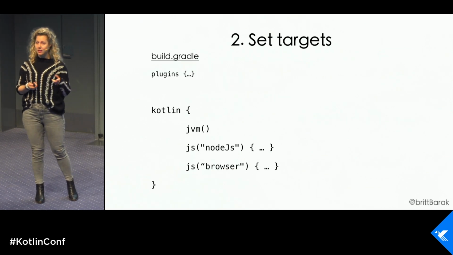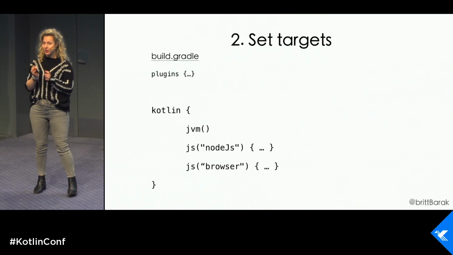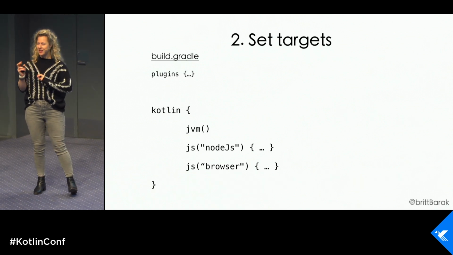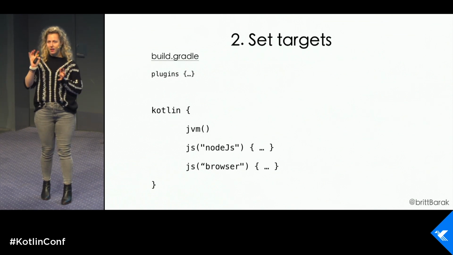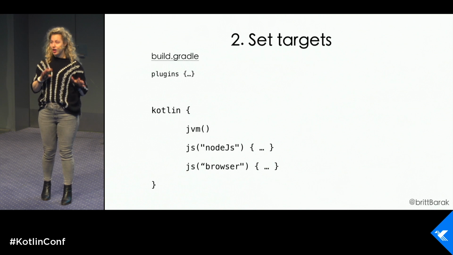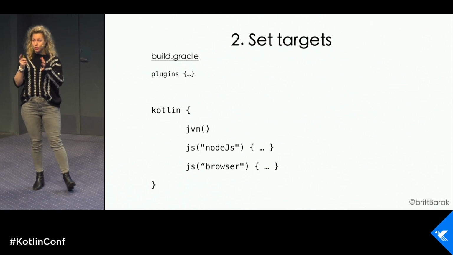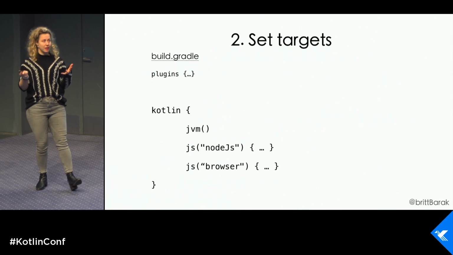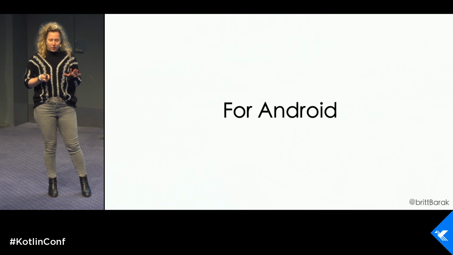It also means that you can set different names and have different targets that are of the same type. So for different JS targets or different native targets, you can actually have multiple of those. You can just set them up like this. So this is one example.